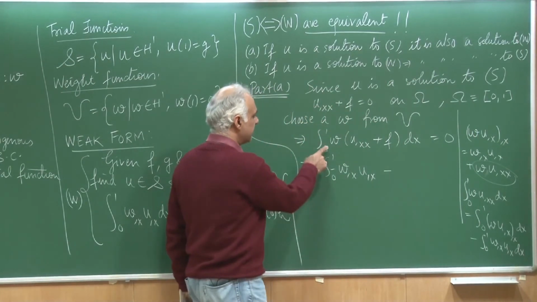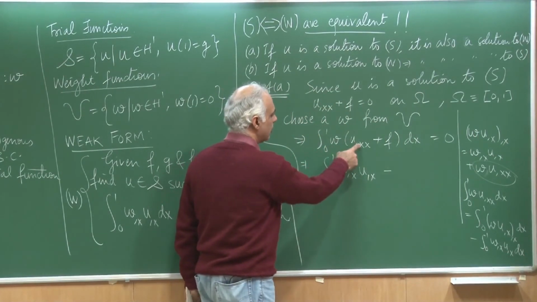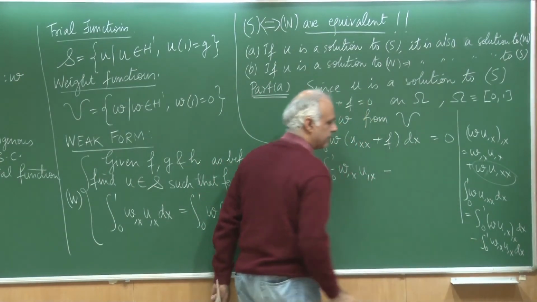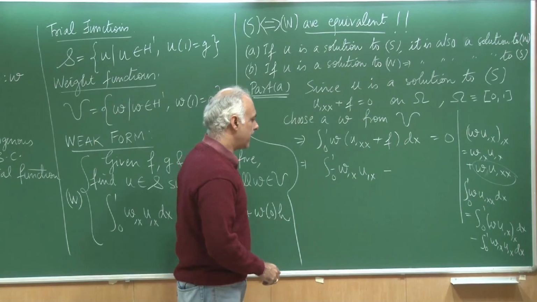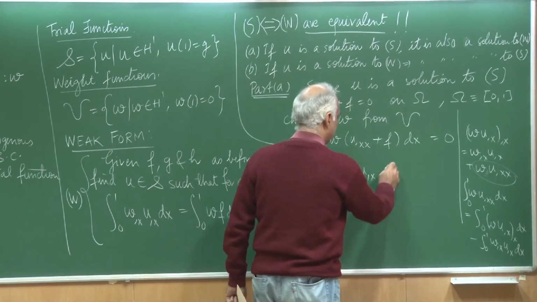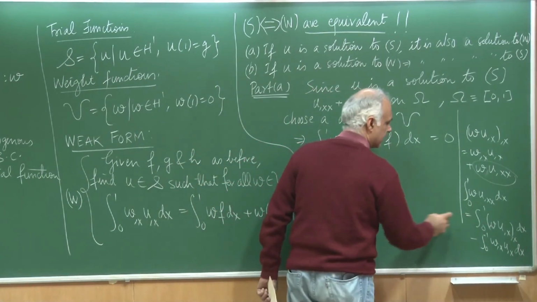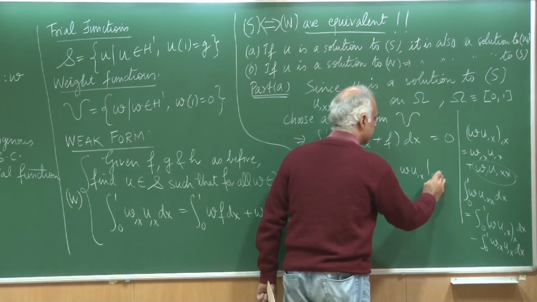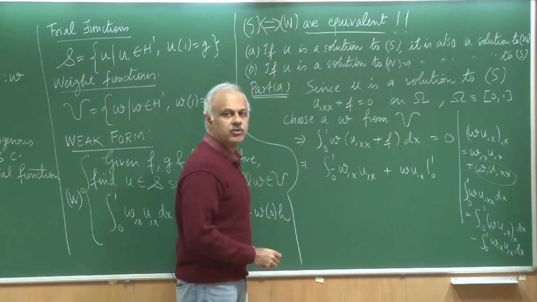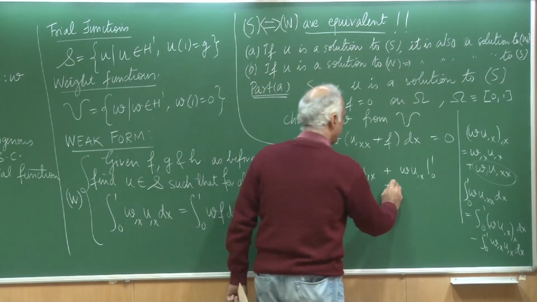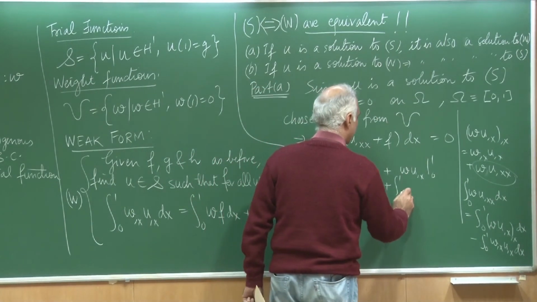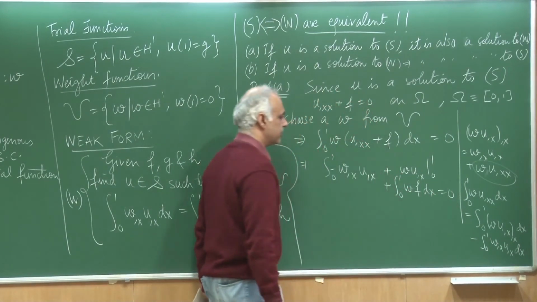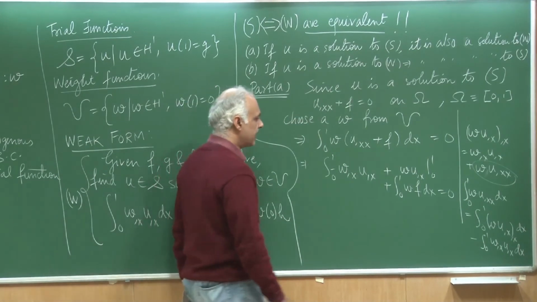So, for the term W U comma xx, the first term that I get is minus W comma x U comma x dx, and the other one is the integral of this, so it becomes W U comma x evaluated from 0 to 1, plus the integral from 0 to 1 of W times f dx equal to 0. Now, kindly notice this term.